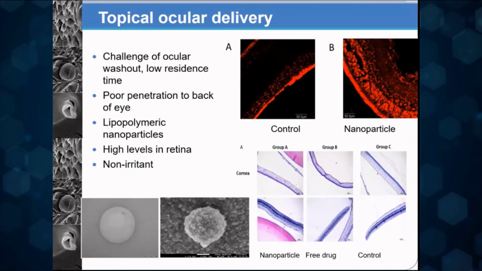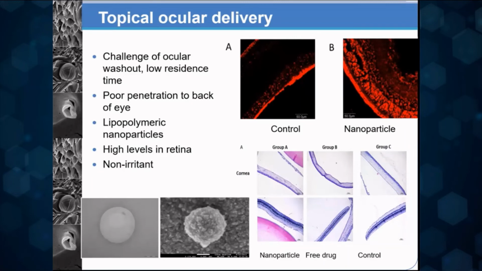And then after that, you again ask the question, where in the eye do you want the drug to go? All conventional drug delivery systems for the eye have limited reach beyond the anterior segment.